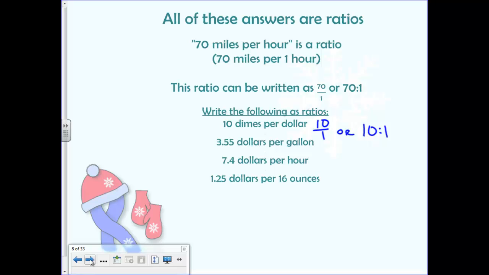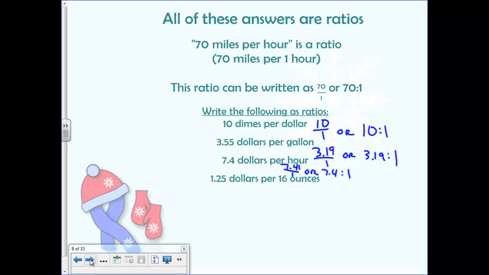We had said $3.19, so it's like 319 to 1. $7.40 per hour, 740 to 1.